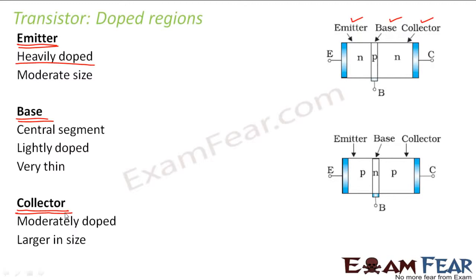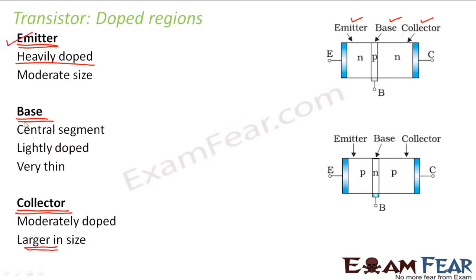So that's why collector is moderately doped. However, the collector is larger in size. If you look at the three segments, collector is the largest in size and base is the smallest in size. That's because its purpose is to collect all the charge carriers, so it should have enough space to collect all of them.